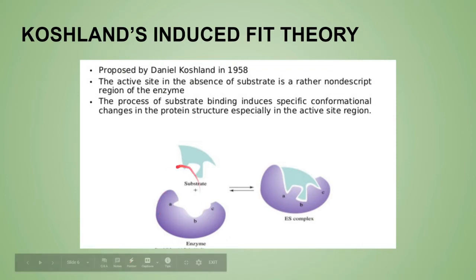The same thing happens here. When the enzyme is not bound with the substrate, it has a different shape of the active site, but when the substrate of this particular enzyme binds to it, it changes its conformational shape and binds to this substrate. You may think: when a different substrate, having the same structure as this substrate but a different function, comes, can it bind to this enzyme?